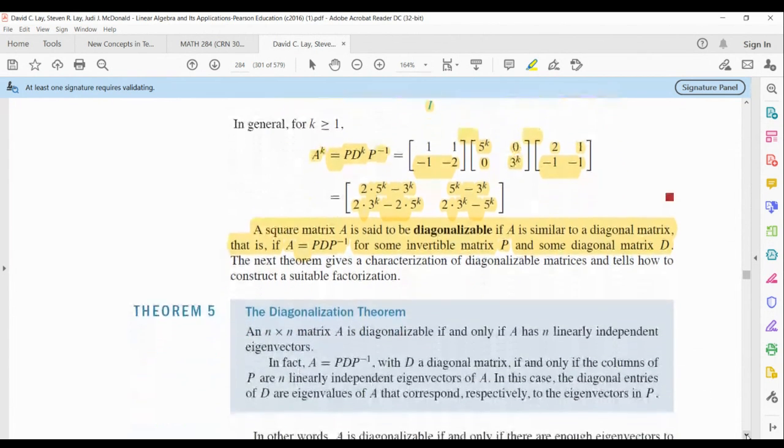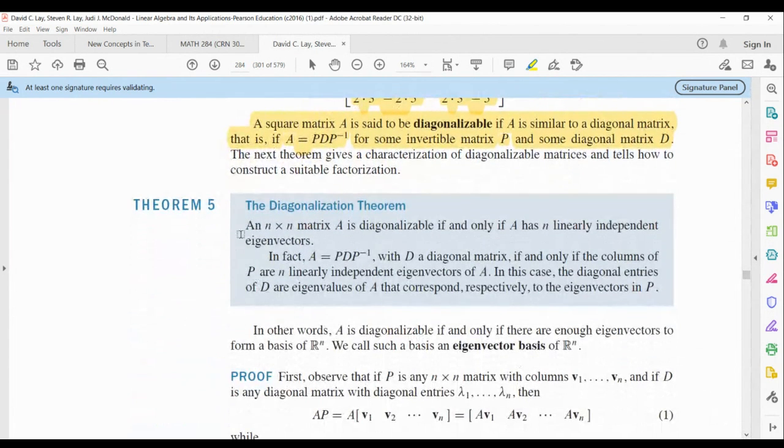It's called the diagonalization theorem. I'll highlight it here. So a square matrix A is diagonalizable if and only if the matrix A has n linearly independent eigenvectors.